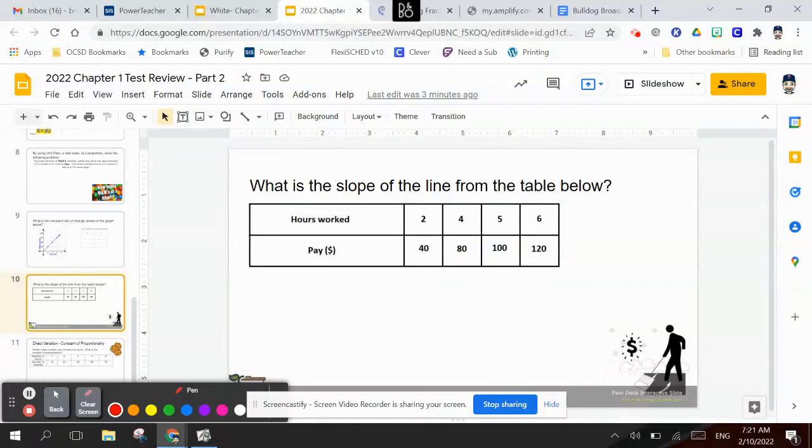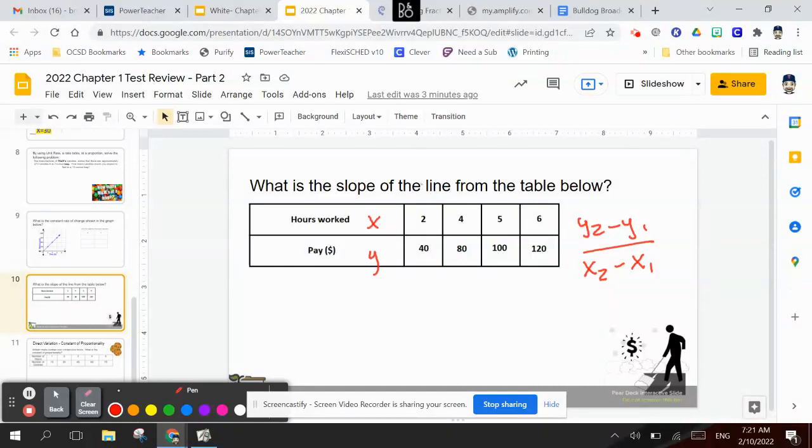So here we want to find out what the slope of the line is from the table below. So to find our slope, I'm going to use my formula of y2 minus y1 divided by x2 minus x1. So here's my x value, here's my y value.